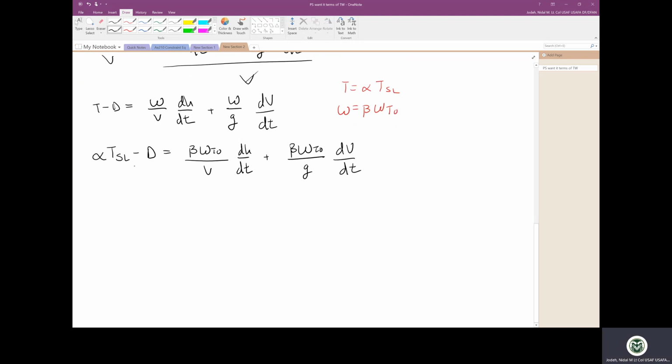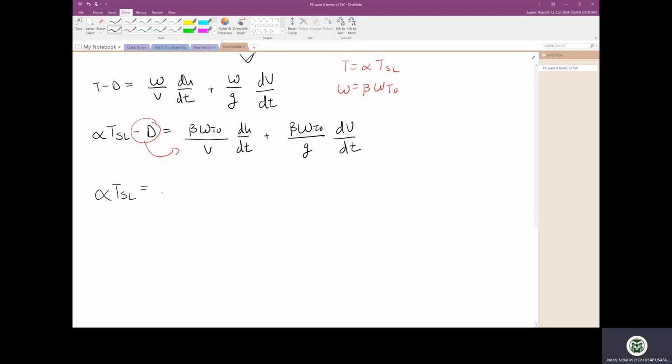And as I mentioned earlier, my last step is to move drag over to this side of the equation. So now I have alpha times the thrust at sea level is equal to drag plus beta, weight at takeoff over velocity, dH dt, plus beta, weight at takeoff over gravity, dV dt.